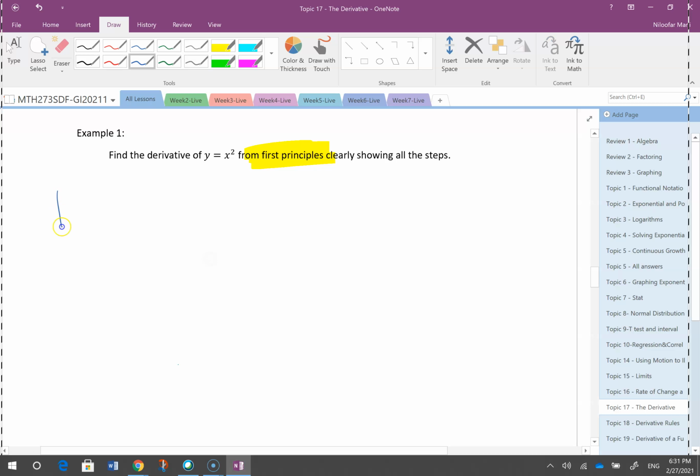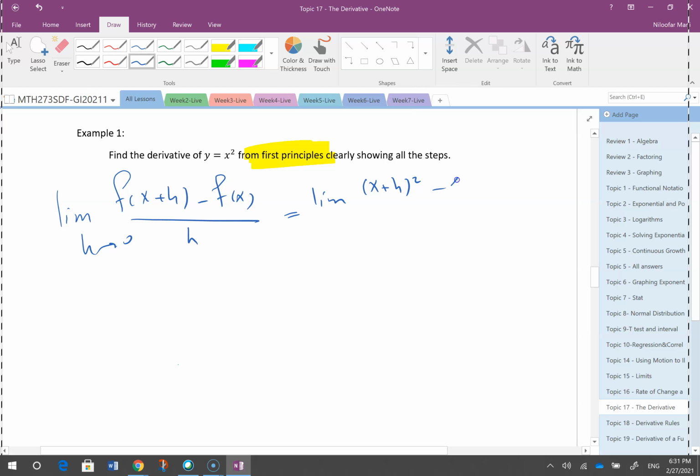So the limit of f of x plus h minus f of x divided by h, as h goes to 0, is the limit of (x plus h) squared minus x squared over h. If I substitute, it is x squared minus x squared over 0, which is 0 over 0, not defined. I have to make it clear.